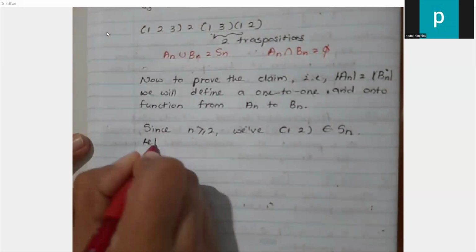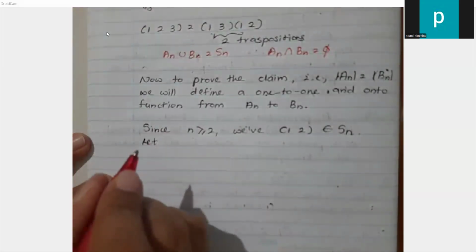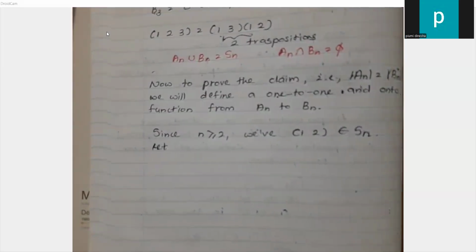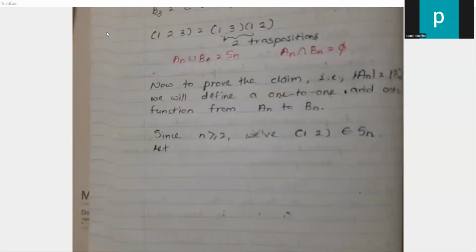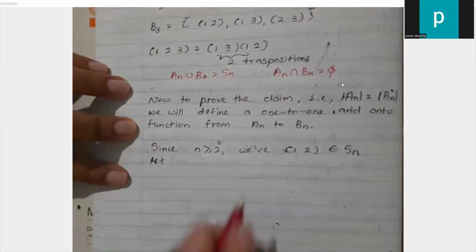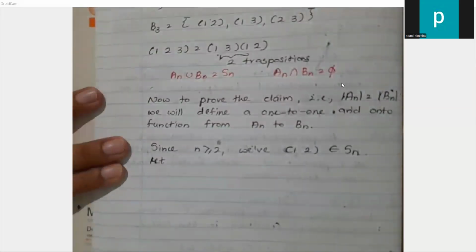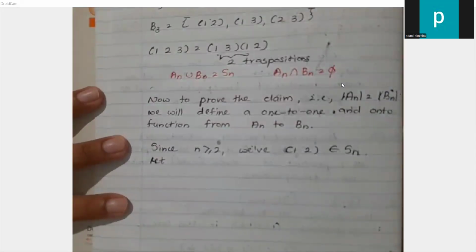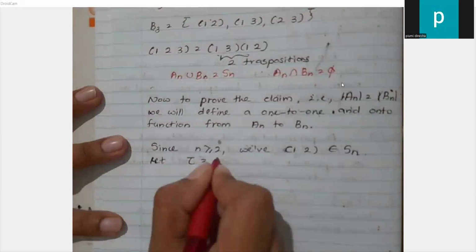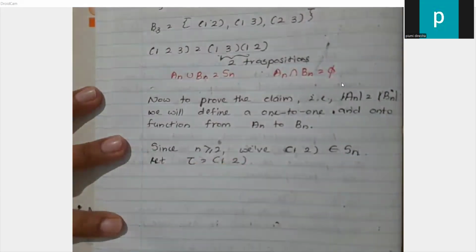So let's take (1 2) to be tau. Let's denote it by tau, let's denote (1 2) by tau. Right?